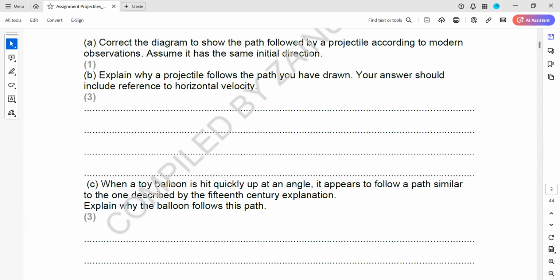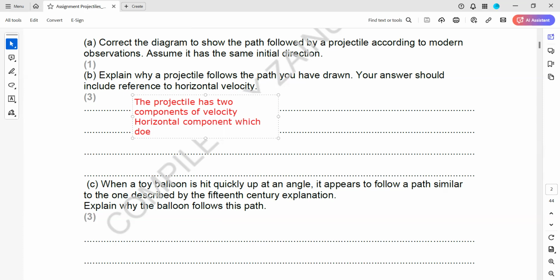We'll say that the projectile has two components of velocity, the horizontal and the vertical. The horizontal component does not change throughout the motion, because air resistance is neglected.